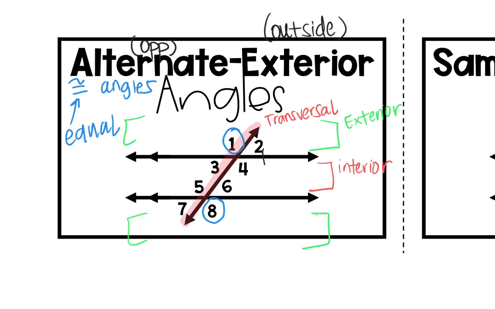Right? So angle 1 and angle 8 are congruent. So I'm going to write angle 1 is congruent to angle 8. So if we say angle 1 is 40 degrees, that also means that angle 8 is 40 degrees because both of them are alternate exterior angles. And they're congruent. They're equal to each other. Okay? So just keep that in mind.